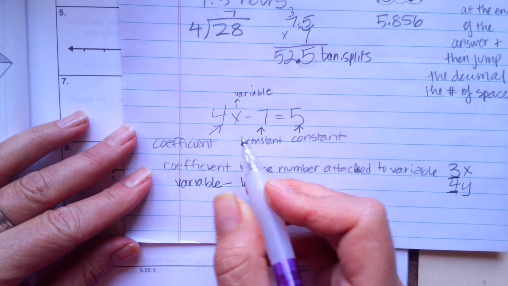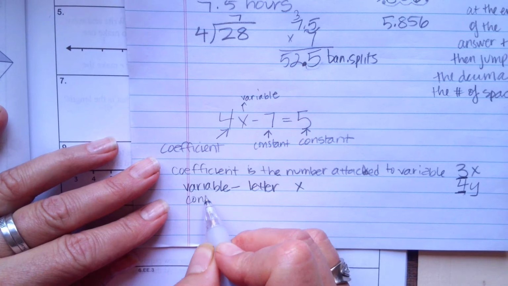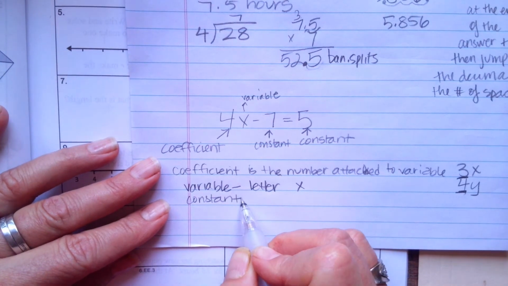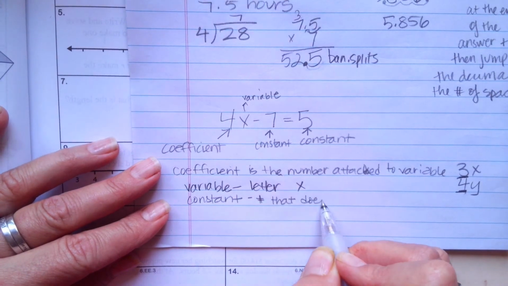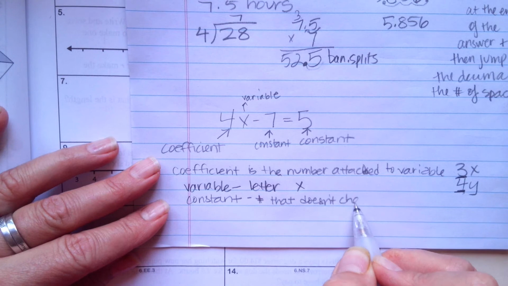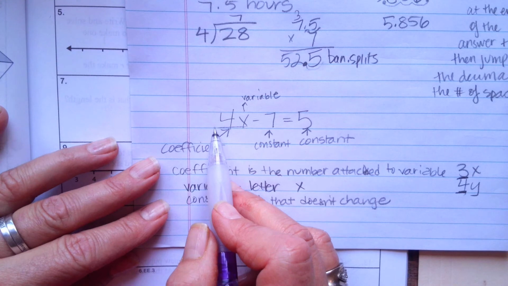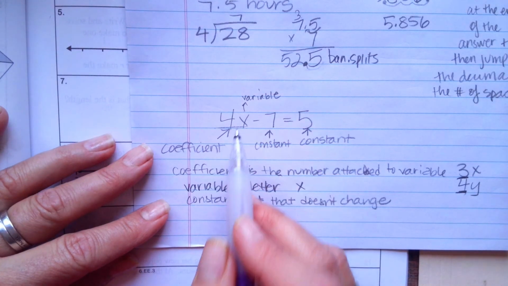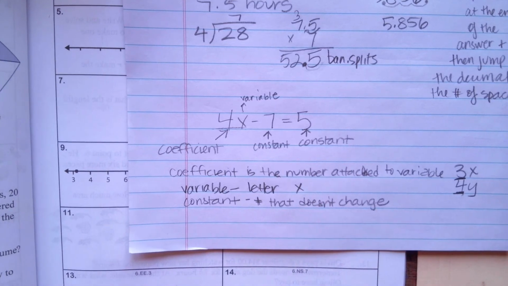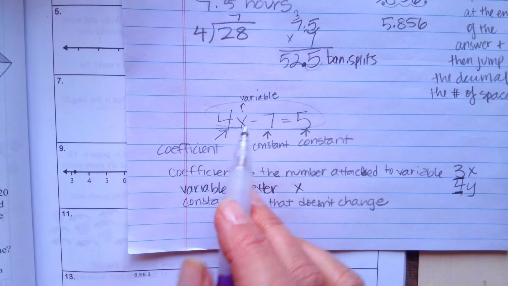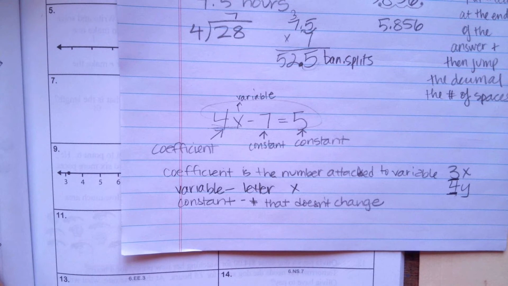So in this case, it is x. And then the constant means it is a number that doesn't change. So do you see how this is going to change? This 4 is attached to the variable. Yeah. Okay, so the constants are the numbers that don't, in this part, I mean, they eventually change, but here they don't change in the problem. Okay.